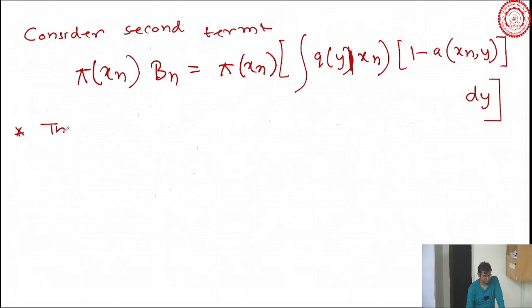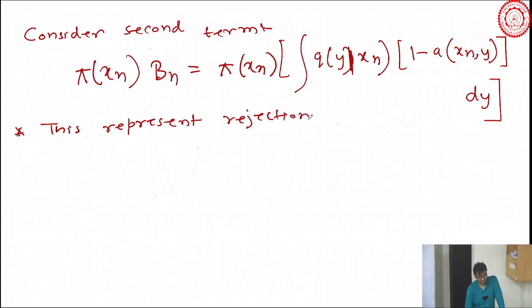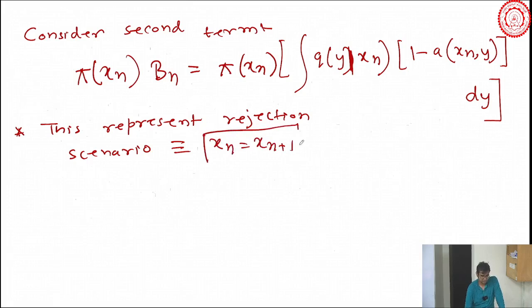So this represents the rejection scenario, right? The scenario which is equivalent to xn equal to xn plus 1. So substituting this, the first term was pi of xn, I'll write pi of xn plus 1.